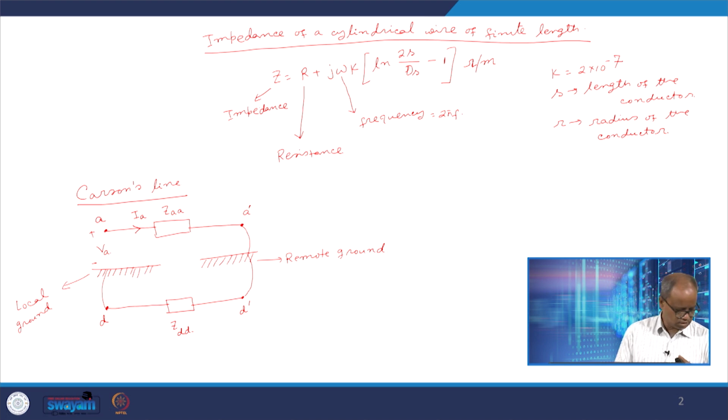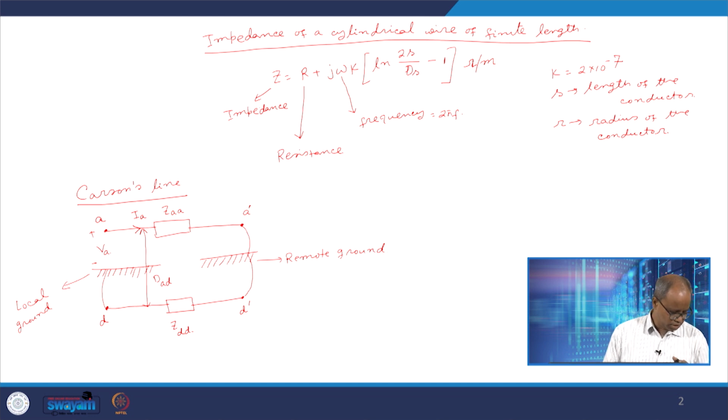The distance between these two is DAD. Now, how would this distance DAD be computed? This distance DAD would be adjusted such that the measured value of the inductance of this conductor AA dash would be equal to the calculated value of the inductance.